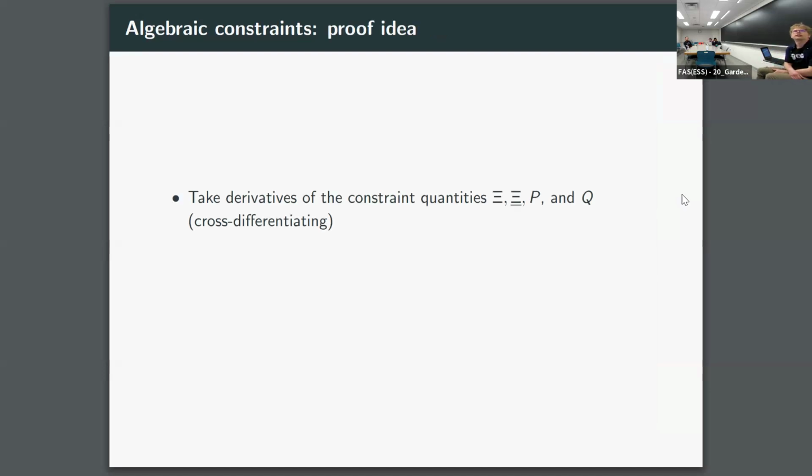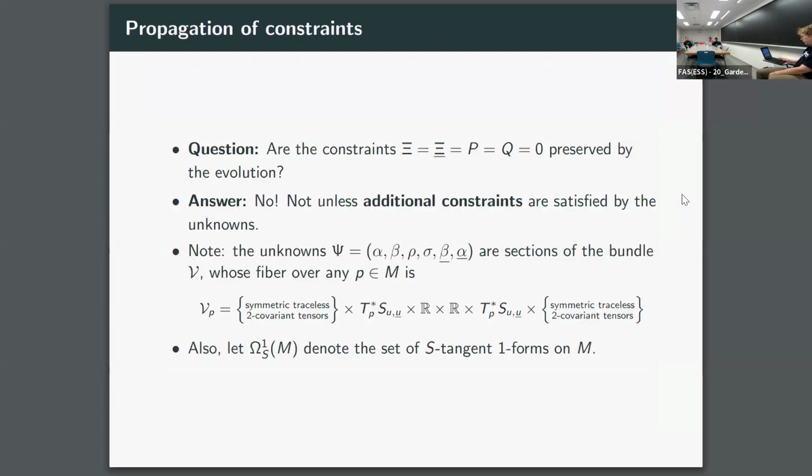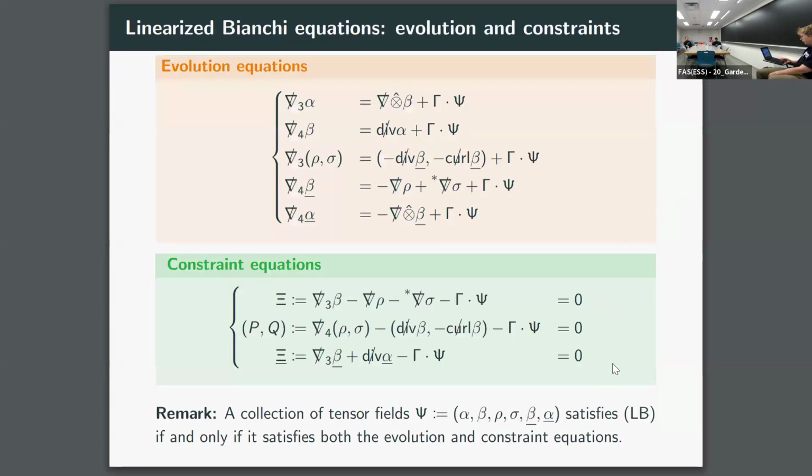the proof idea is pretty simple conceptually, and it's just a lot to write down. You're just cross-differentiating basically. So you have these four constraint quantities that were here. You have this lower box here, this psi, p, q, and psi bar.